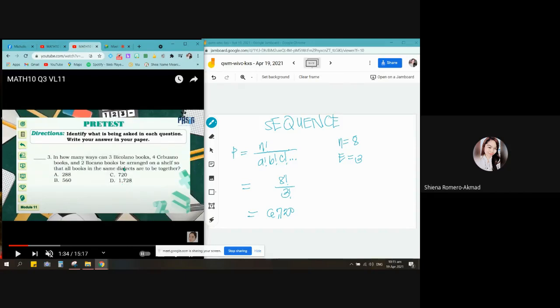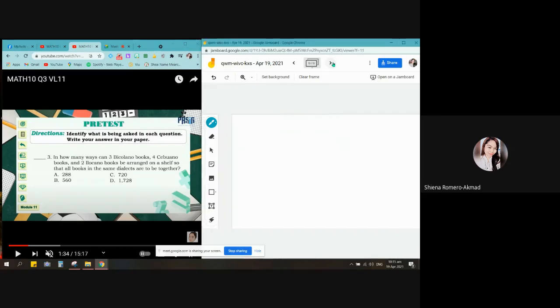So, for number 3, ito naman. In how many ways can 3 Bicolano books, 4 Cebuano books, and 2 Ilocano books be arranged on a shelf so that all books in the same dialects are to be together? So, ito naman, to be together, but they are arranged in linear and in a row, okay? Or in a shelf.